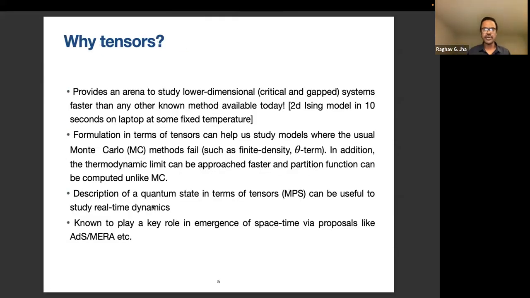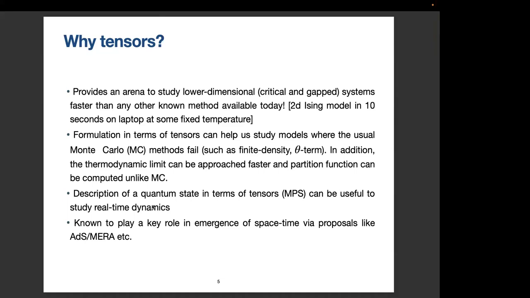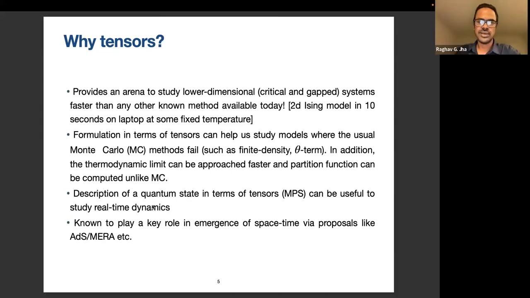But before going into that, let me just say, why do we really need tensors? We are sure that tensor networks are one of the most powerful methods known to study any lower dimensional critical or gapped system, more than any other numerical method available today. For example, I can solve the two-dimensional Ising model, on Onsager's solution, in 10 seconds at some fixed temperature, and that is not possible with any other state-of-the-art method.